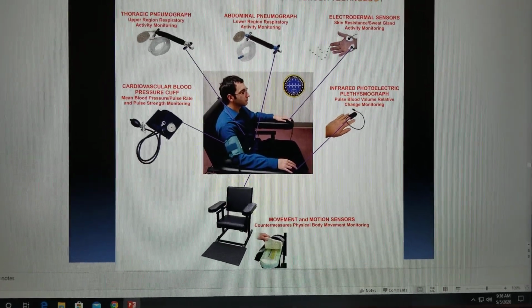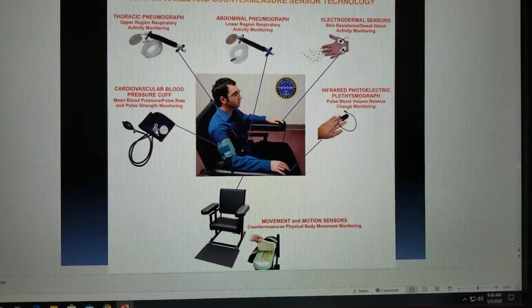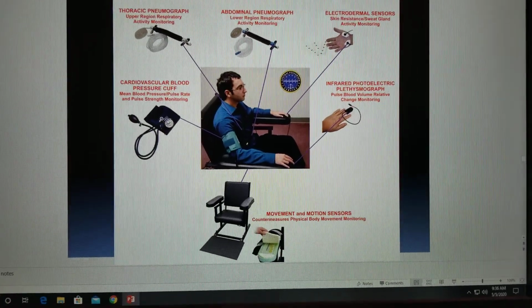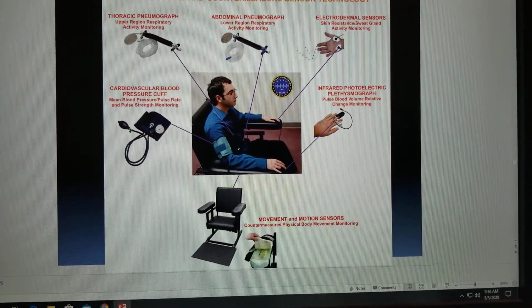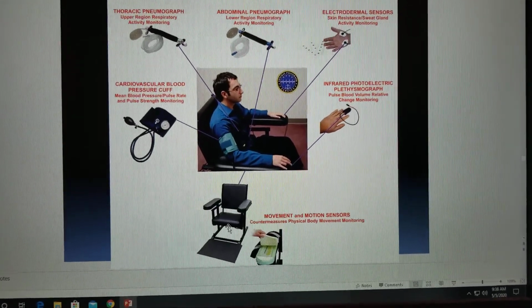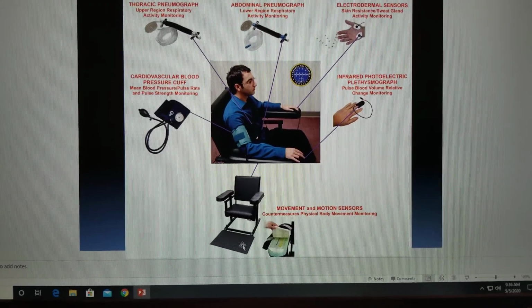Okay, you got your blood pressure. All right, what's happening to your heartbeat? Once again, usually when you're nervous, excited, it will beat at a faster pace. Here is your pulse, your heart rate. I love this one. This has to do with body movement. There's sensors in the chair, on the pad.